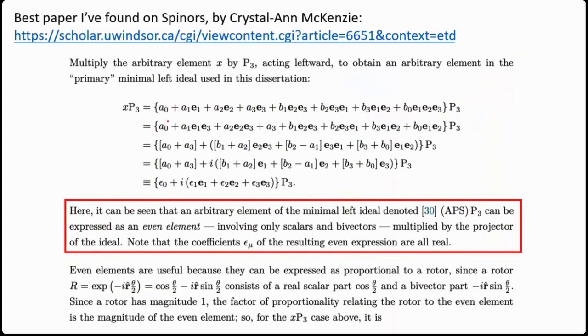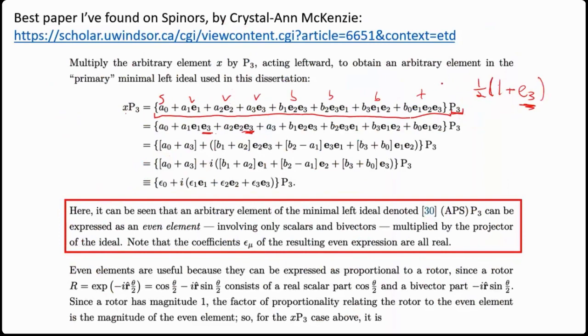So basically, here you can see this is an 8-dimensional Clifford algebra element. So we have the scalar, vector, vector, vector, bivector, bivector, bivector, trivector. And she is going to act on it with P3. And remember, P3 can make E3s disappear. It can make the third vector disappear. So here an E3 gets multiplied on here.